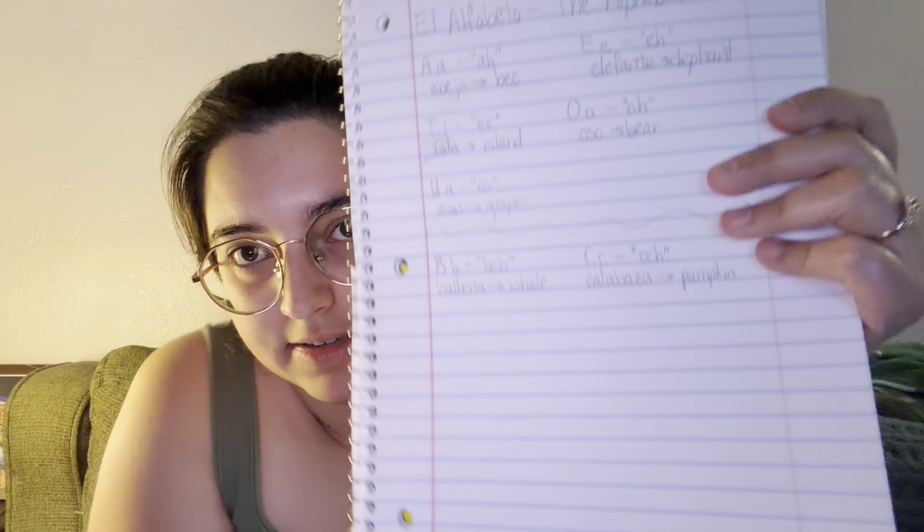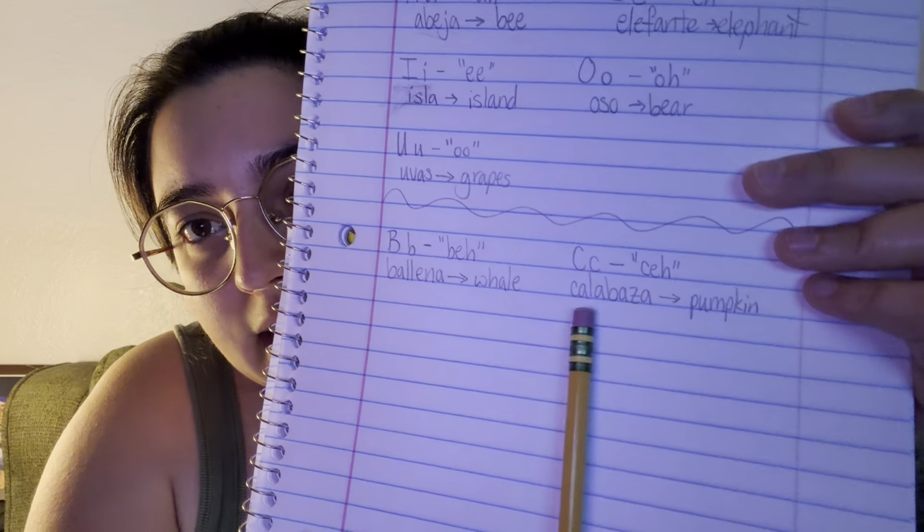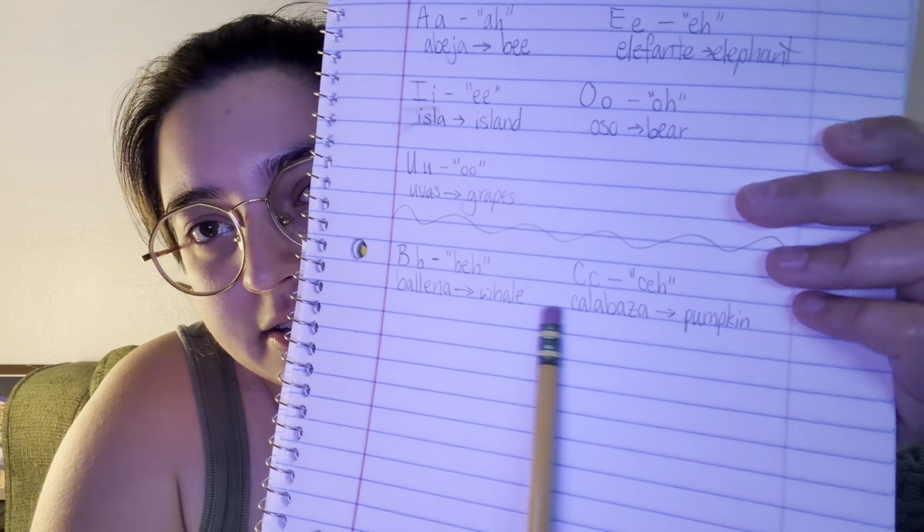So technically, if you have the letter C at the beginning of a word or in front of A, O, or U, it's going to sound like a k sound. So in the case of the sample word calabaza, it's going to have that k sound.